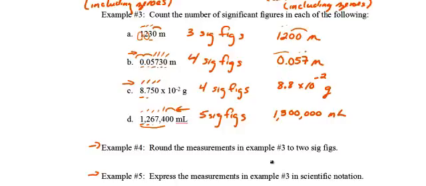Now, when you round, the final number should approximately be the same number that you started with. You don't want to round this to 13 and say, well, we got 2 digits, so that's all we have. Well, no, because if you're starting with 1,267,400 and now you're rounding to only 13, that doesn't make sense.